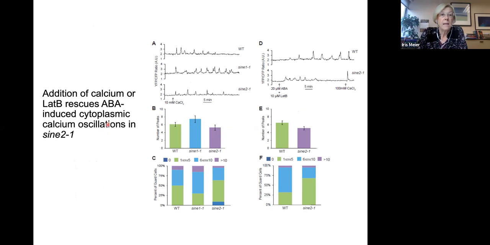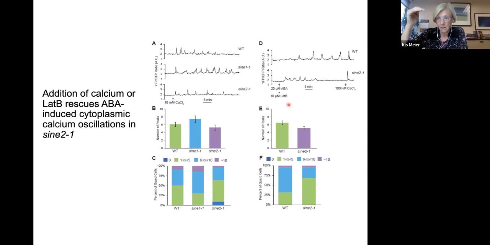And when she adds LAT-B, interestingly, so now she depolymerizes the actin cytoskeleton, she can also rescue the SINE2 phenotype. So allowing for the depolymerization of actin by the drug, which in the SINE2 mutant is inhibited, rescues the calcium spikes in the cytoplasm.